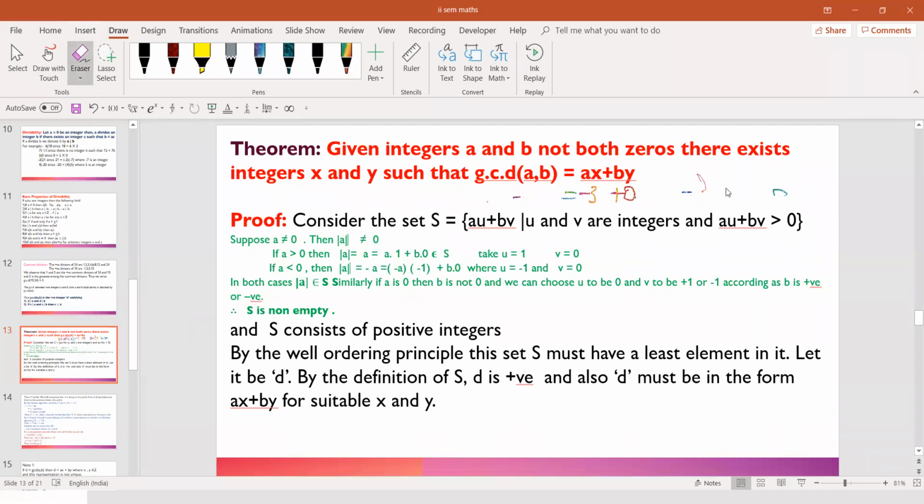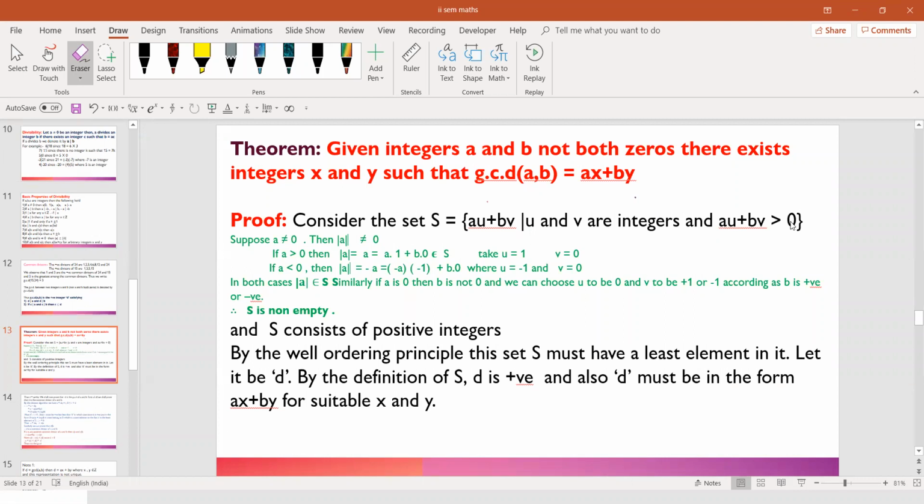Look at the proof. The proof is given here. First consider this set S. What are the elements in S? They are in the form of Au plus Bv, where A and B are given integers, and u and v are integers such that that integer is greater than 0.